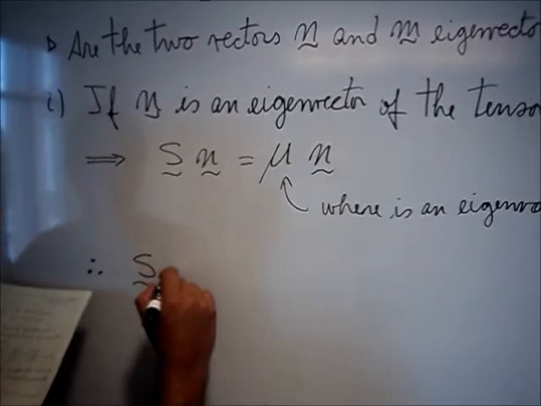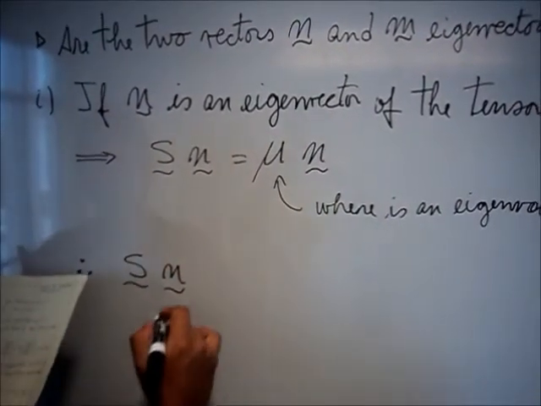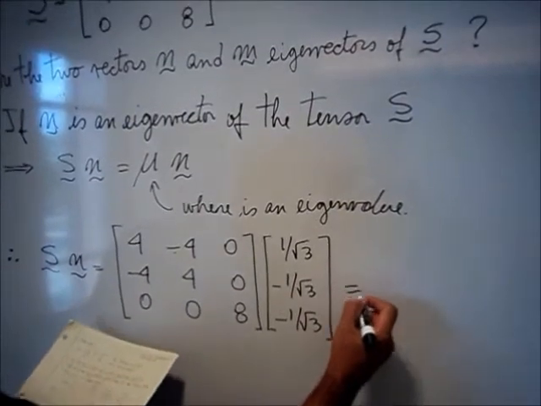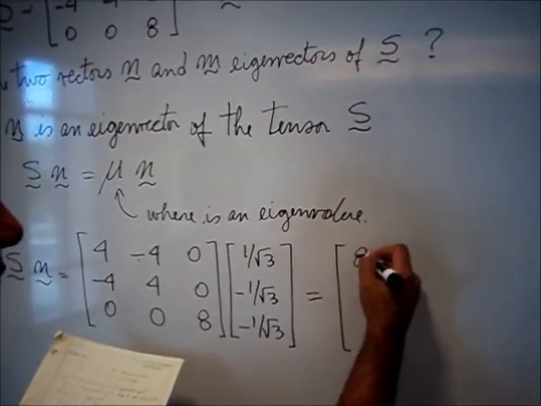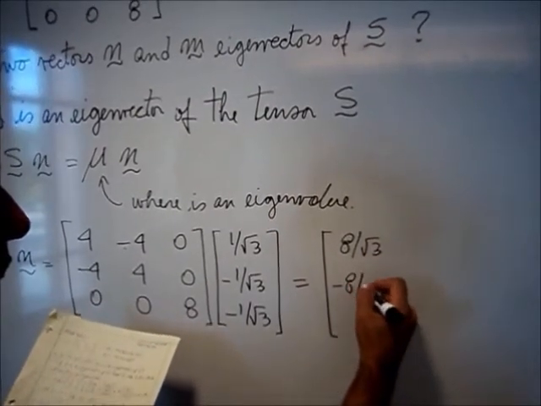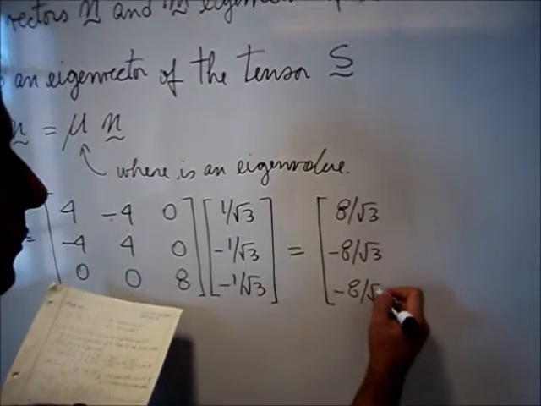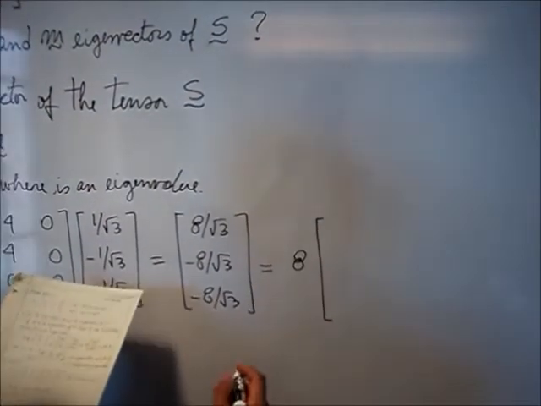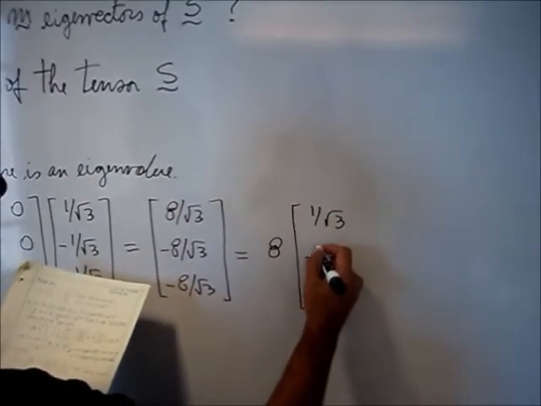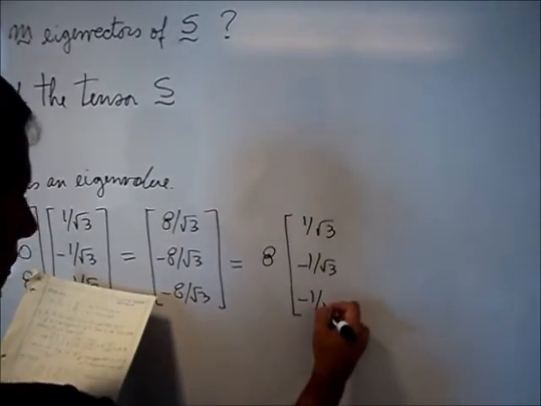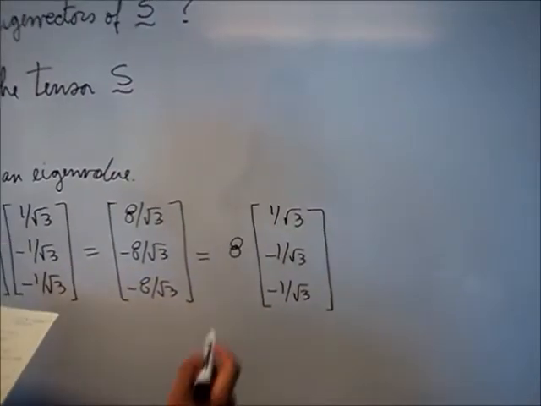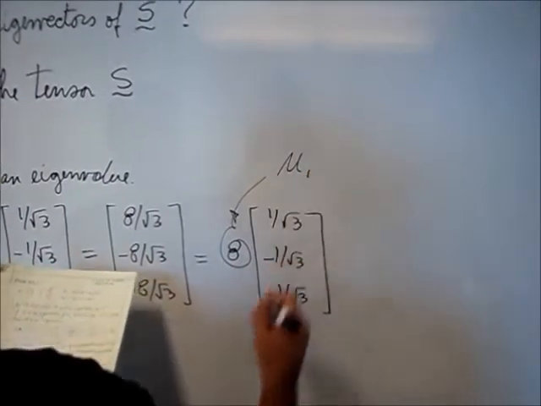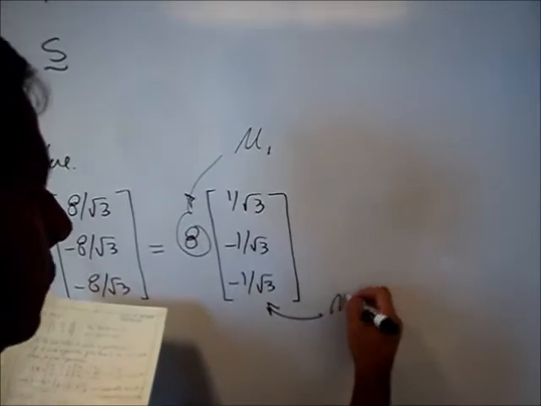So applying tensor S over vector n we get this vector, but we can factorize a and we get this new form, where we can recognize this is a scalar, which will be the eigenvalue u1, and this is equal to n.